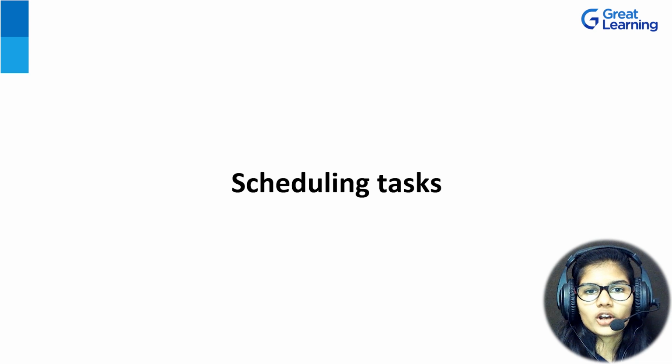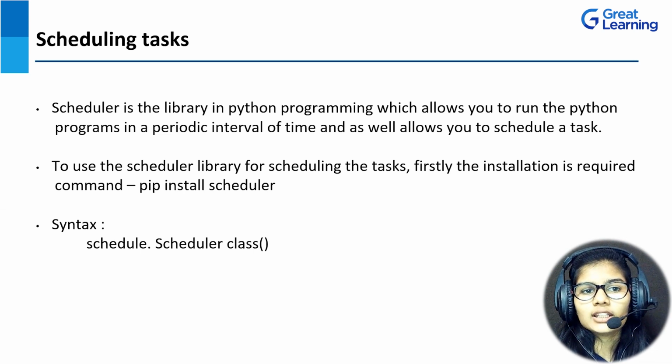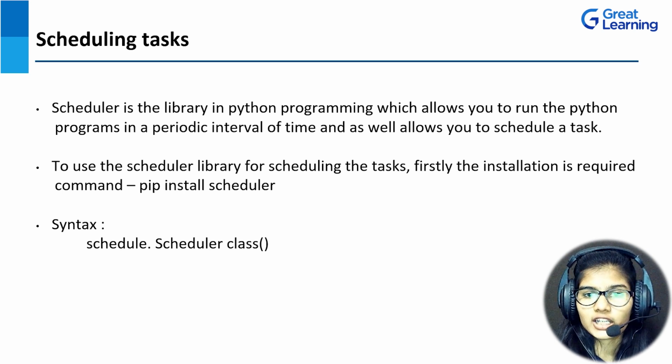Now let's move forward and check how we can use that. As I mentioned, there is a library in Python, the scheduler library. Scheduler is one of the libraries in Python which allows you to run Python programs at a periodic interval of time. Let's say you want all of the Python programs to run at an interval of 10 minutes.